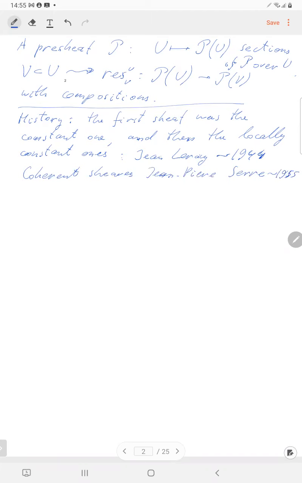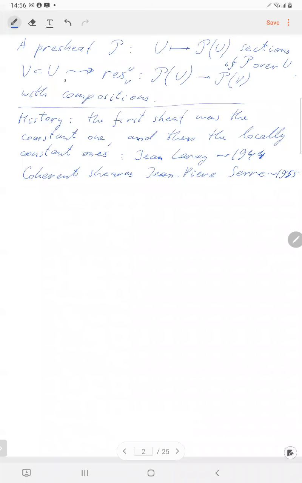Okay, but about Jean Leray, it's a funny story. Maybe you heard it, but just in case, let me say a few words. He was already a very famous French mathematician, but certainly it was World War II, so he had to fight as a French officer, and then he immediately was interned as a prisoner of war, and he spent the whole Second World War in some German detention center as a prisoner of war.